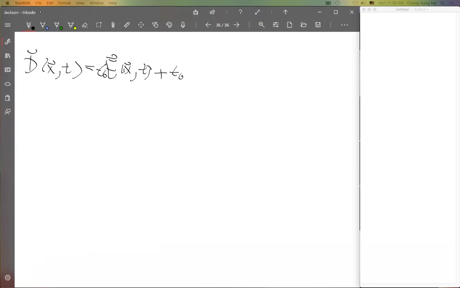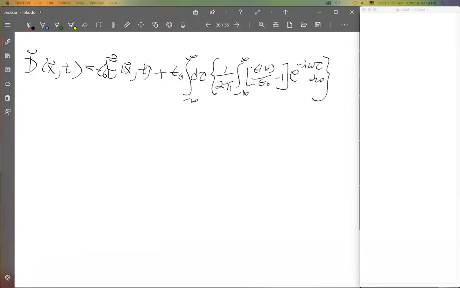So instead of the dt prime, now we change this, call t minus t prime as our tau. So the outer integration becomes d tau instead of dt prime. All right, and then you have 1 over 2 pi. The inner integration becomes this epsilon omega over epsilon 0 minus 1, e to the minus I omega tau. Tau is again t minus t prime. So that's our inner integral.